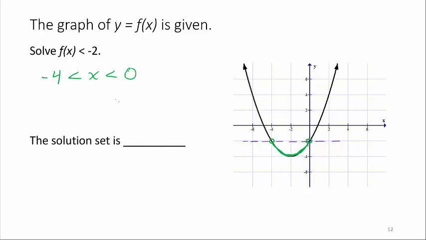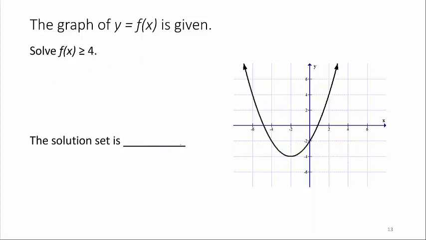So the solution set would be negative 4 to 0 in interval notation. Again, I'm using open brackets, because I'm not including negative 4 or 0 in this interval. There are open dots there on the graph as well. Hopefully that makes sense, and it's a nice way to think about it. If you can shade the appropriate part of the graph and then ask yourself what the domain of that piece is, that will give you the solution.